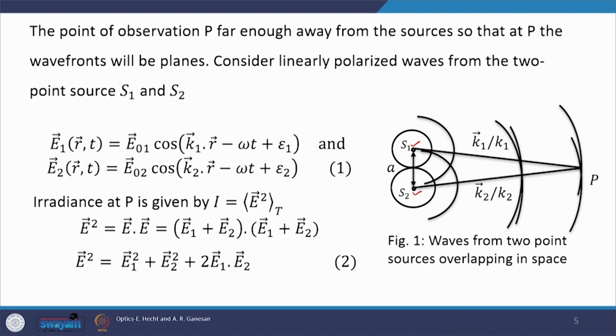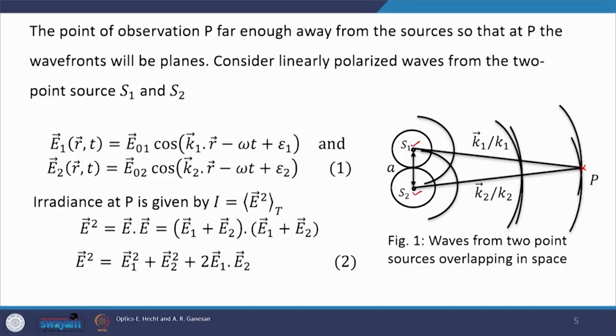Suppose we have a point P which is very far from these two sources, at such a distance that by the time these spherical wave fronts reach point P, they almost become plane.